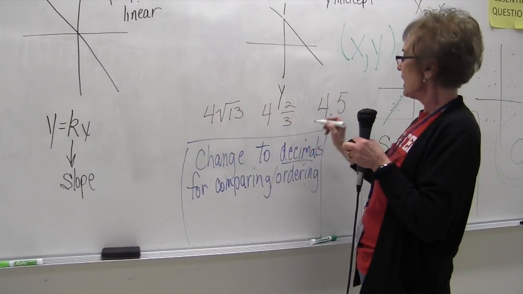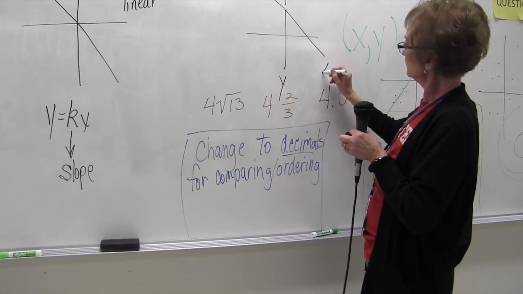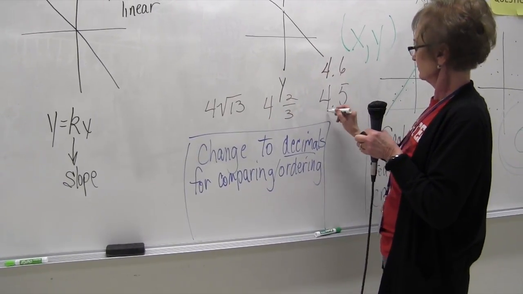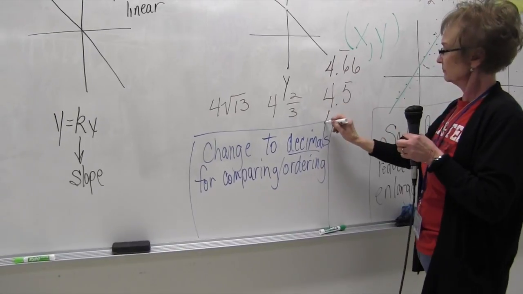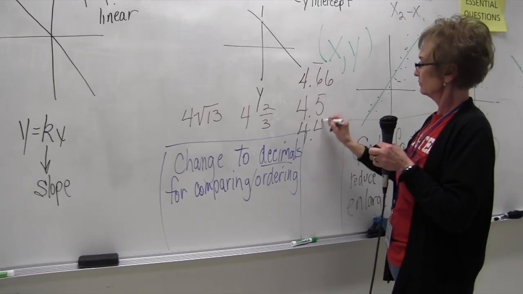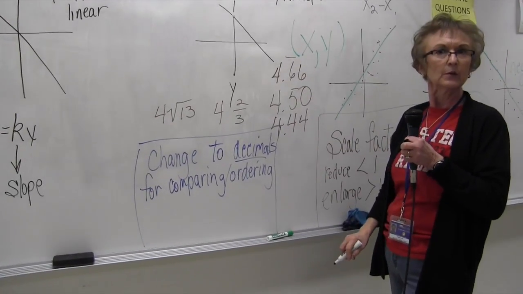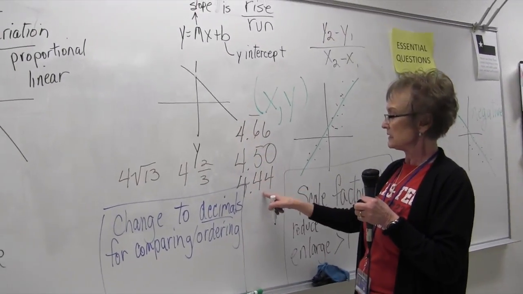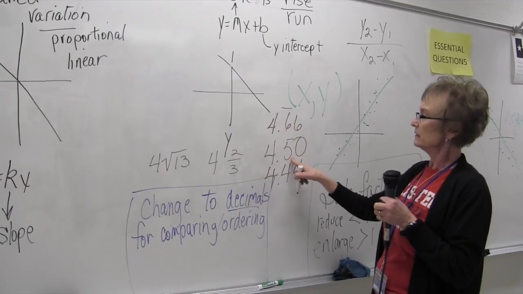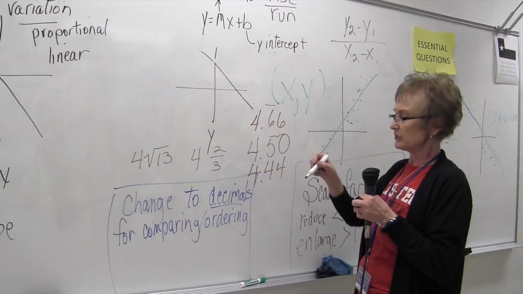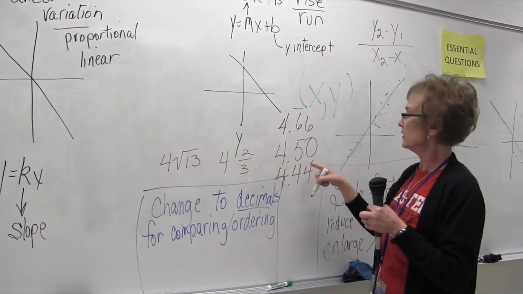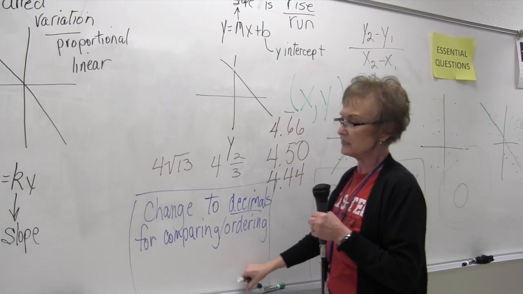Then we will line up the decimals. Fill in the zeros and compare. This is easily the smallest, next smallest, and largest. So we would put our numbers in order. Okay, let's go to the other board.